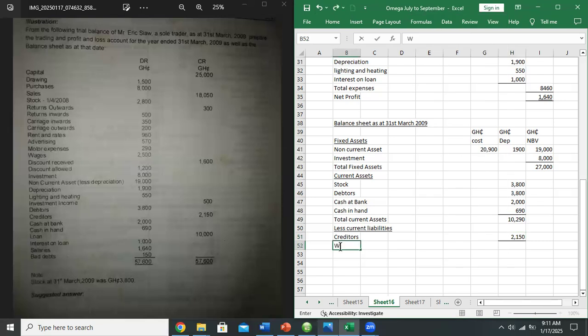That'll be your total current assets minus your total current liabilities, and we have 8,140. So we add the working capital to the total fixed assets. And I told you the figure you get is called net total assets, and that's going to be 35,140.